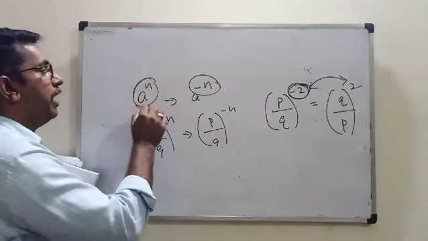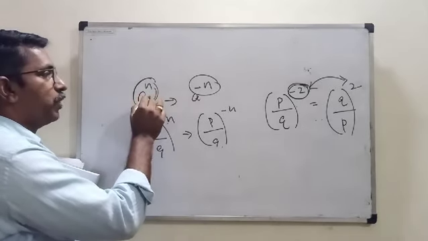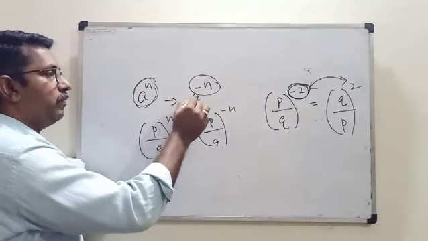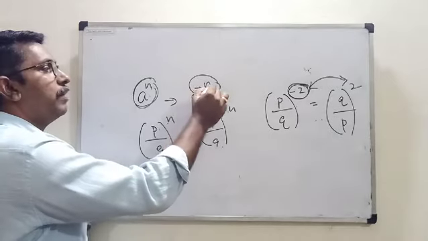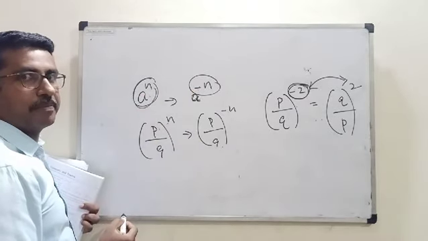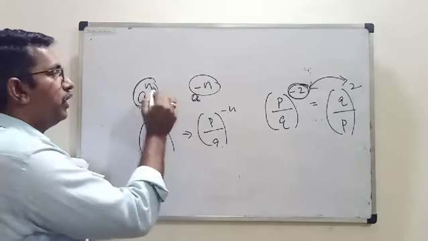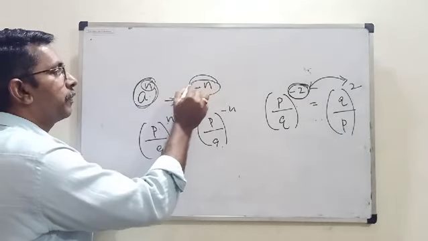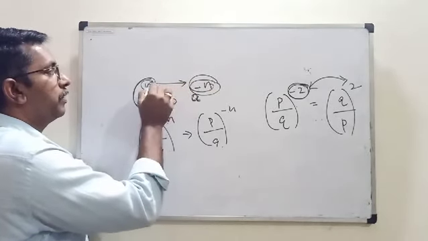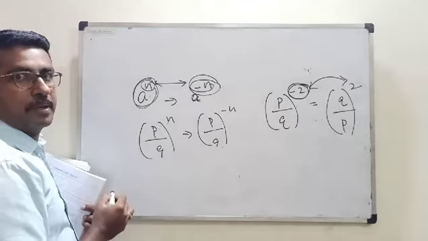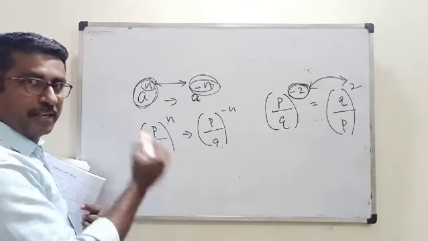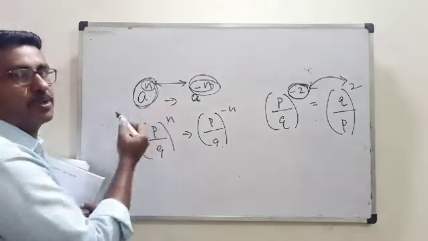But what is this one? A to the power n is an exponential number. Its multiplicative inverse is a to the power minus n. Understood? You just change the sign of the exponent. You will get the multiplicative inverse of that exponent.